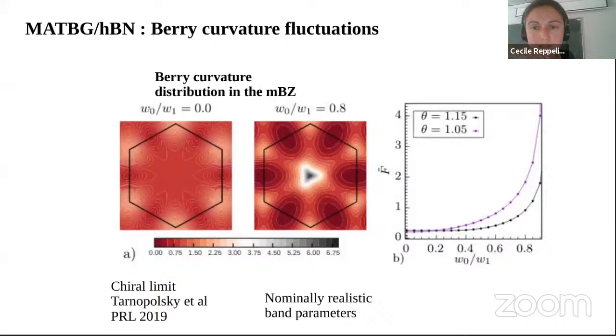It's the complex part of the quantum metric tensor. I'm not sure how to better answer this question.